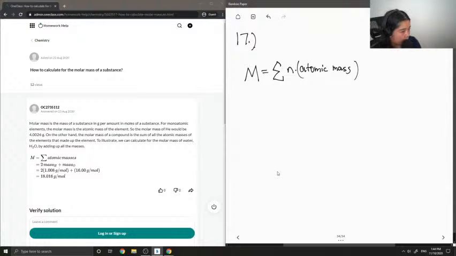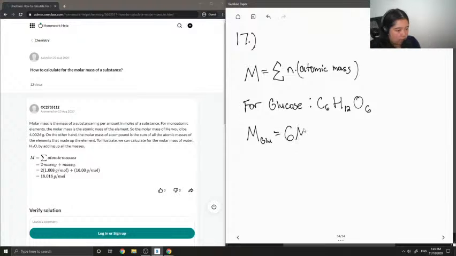So let's say for glucose, which is C6H12O6, its molar mass is equal to 6 times the molar mass of carbon plus 12 times the molar mass of hydrogen plus 6 times the molar mass of oxygen.